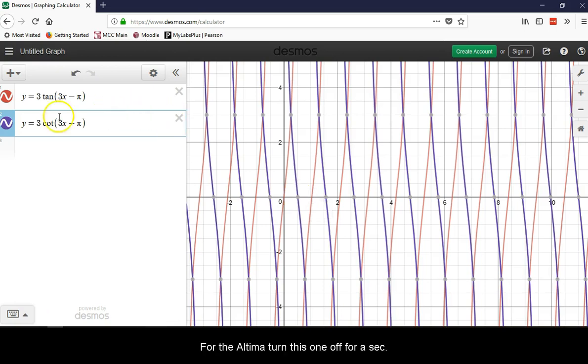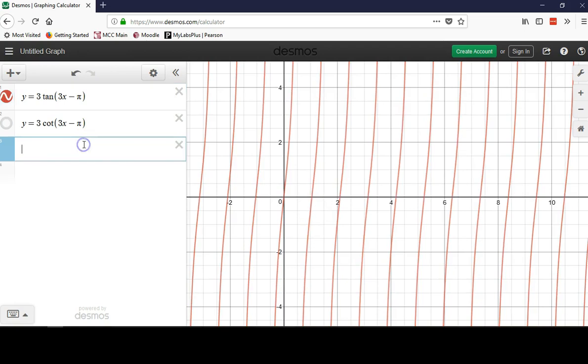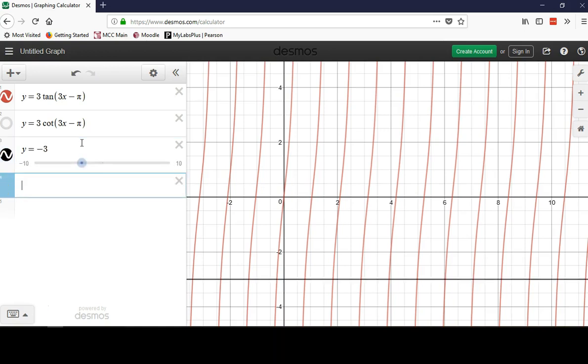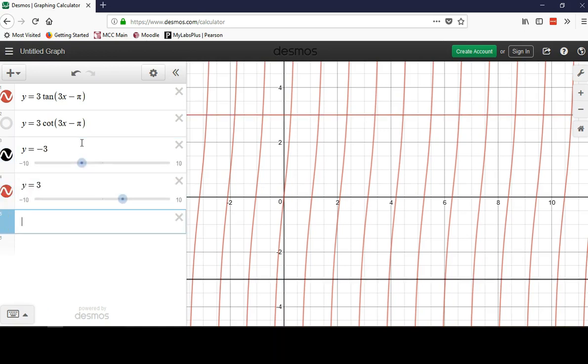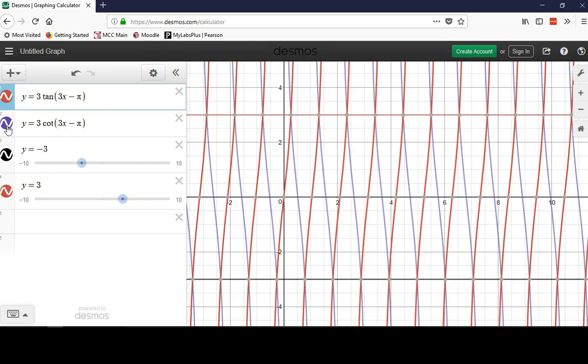And then the point where you were at, let me turn this one off for a second and turn some of these on so that we can get a better idea of which one we're looking at, because I know it's hard to see. Right, so we had this one, and this one, right? And then my asymptote was at pi over 6 and pi halves. Let me turn the cotan back on.